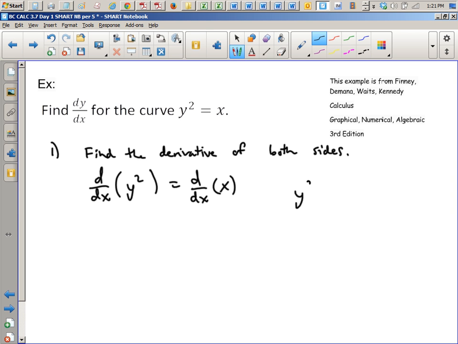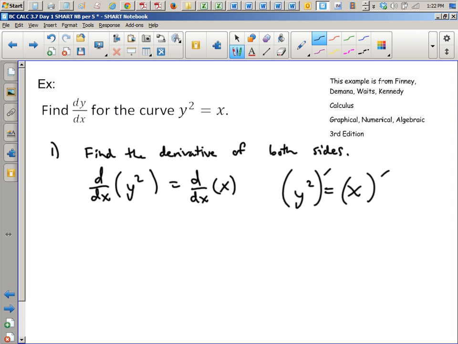Or if you want, you can take your y squared equals x and put a prime on both sides like that. Doesn't matter. Write it either way. Okay, what is the derivative of y squared? Well, we need the chain rule, right? Remember we said when the independent variable differs from the variable in your expression, you need the chain rule.